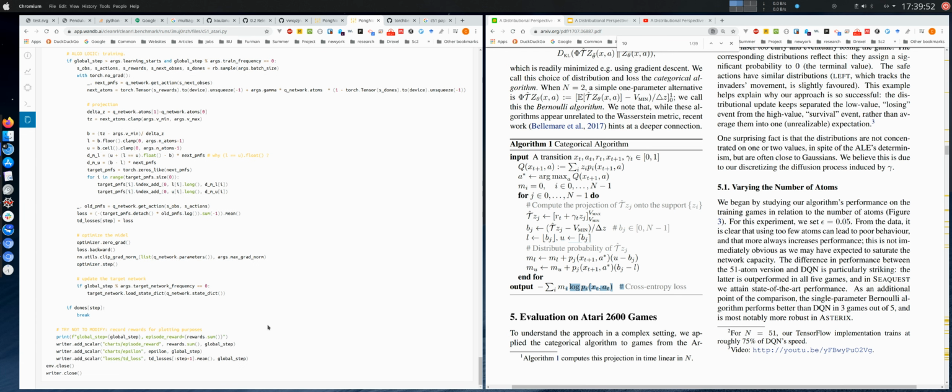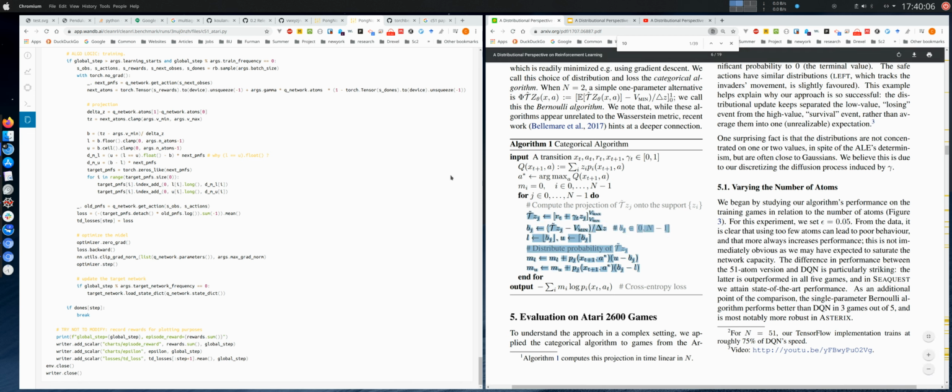And that's essentially it for the C51. I'm sorry I couldn't give a better intuitive explanation for why this works. But yeah, this is what I have.